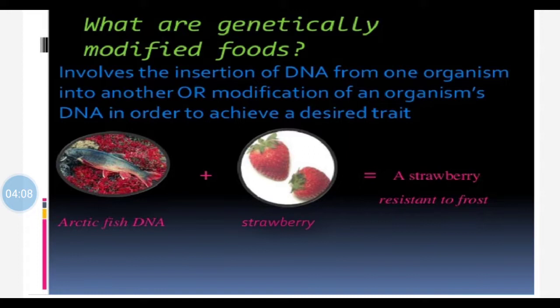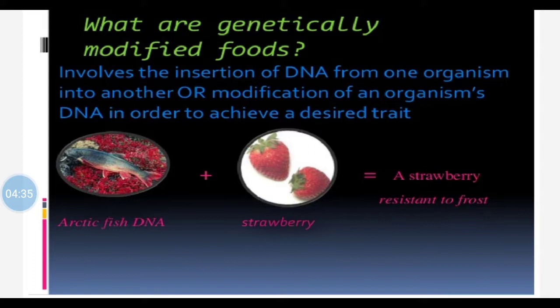Now you can see in this slide the Arctic fish DNA, which is combined with strawberry, and then we get the strawberry which is resistant to frost. So the DNA of one organism can be inserted in another.